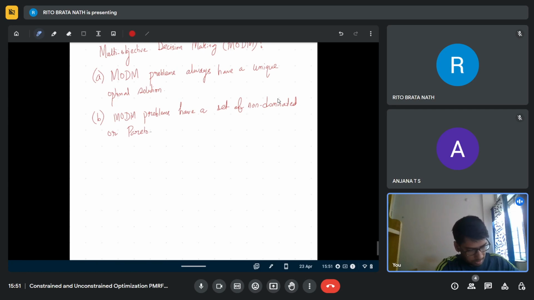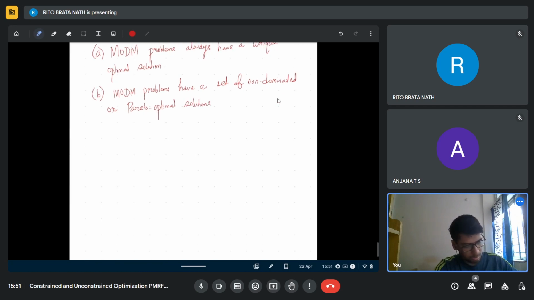And I think this was discussed in lecture 59 or 60. Option C is, in general, the objectives in MODM are in conflicting nature with each other.